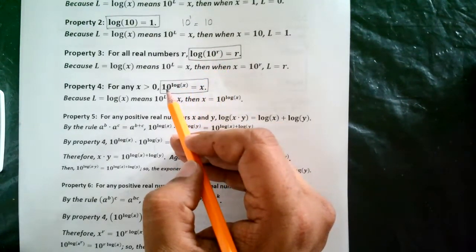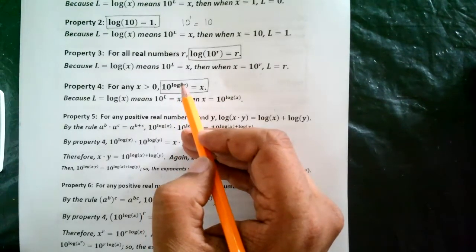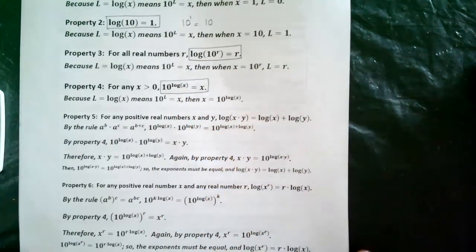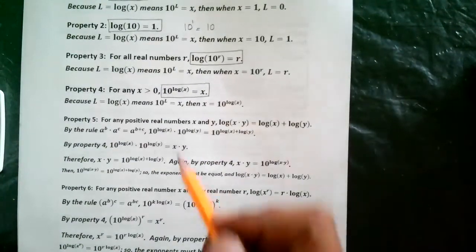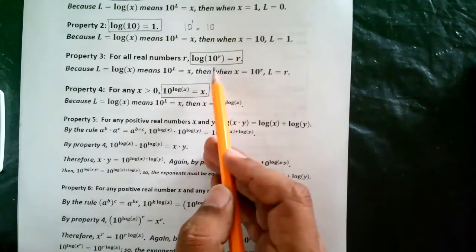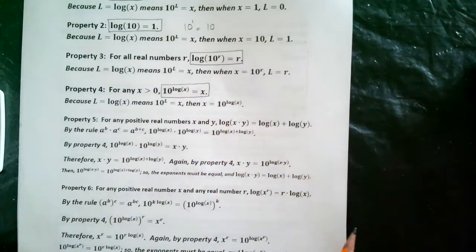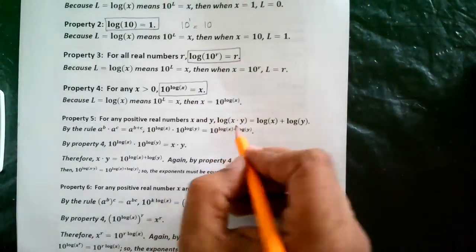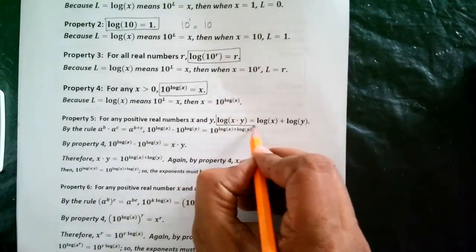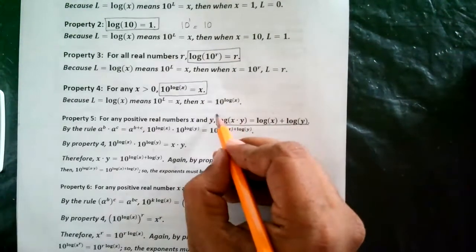Here you have exponential expression with x power or exponent as the log. So this you should look very closely and try to remember this. This property, we have used it very extensively recently.